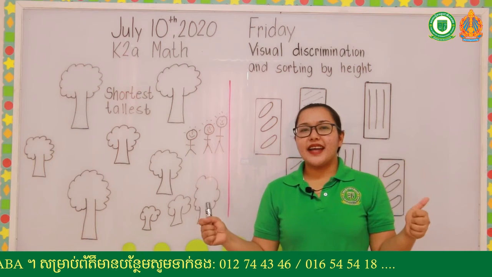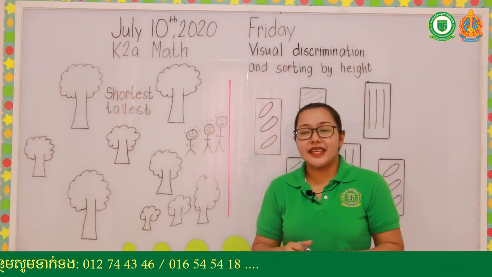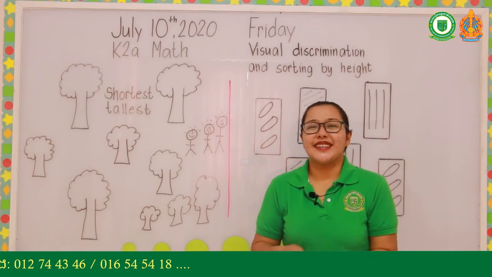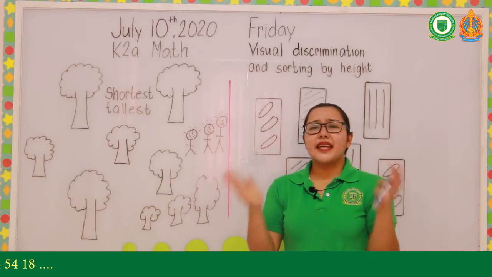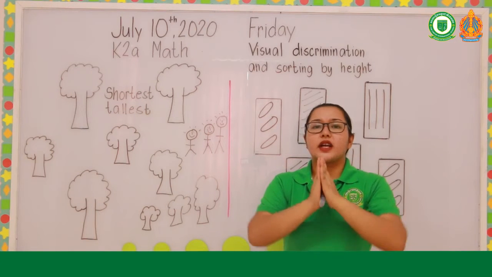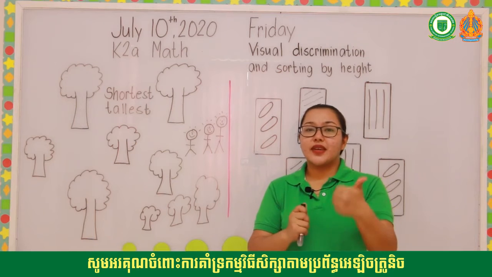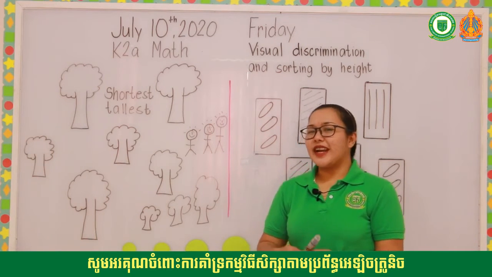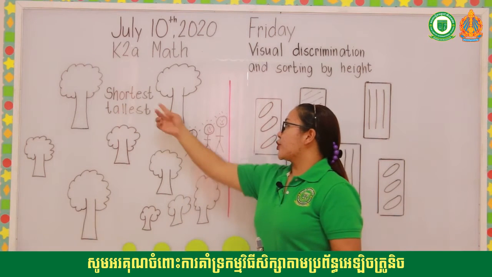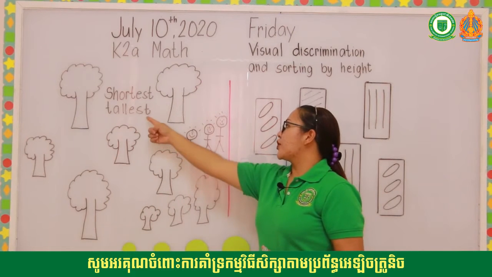Let's see if you will be able to do the activities that I will be sending you later on. Oh, this video is quite long, kids. Please watch it carefully and understand what I'm saying here, so you can perfect all the activities that I prepared for you. So again, we have your shortest, this boy in this tree, and we have your tallest.